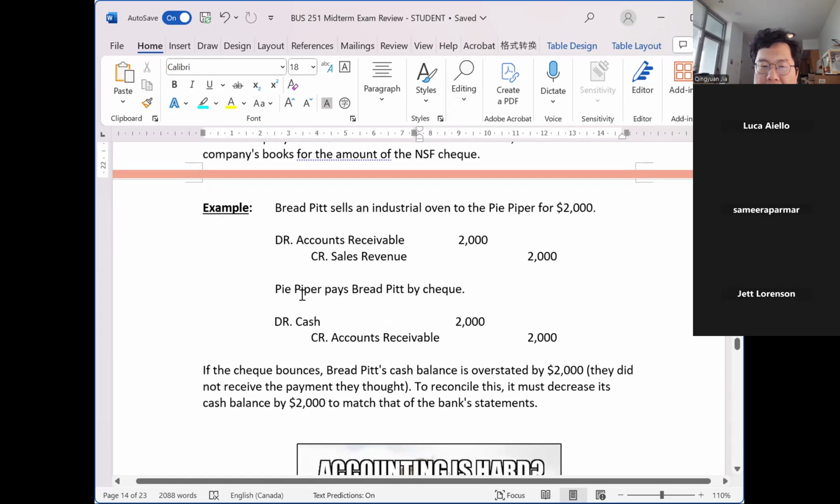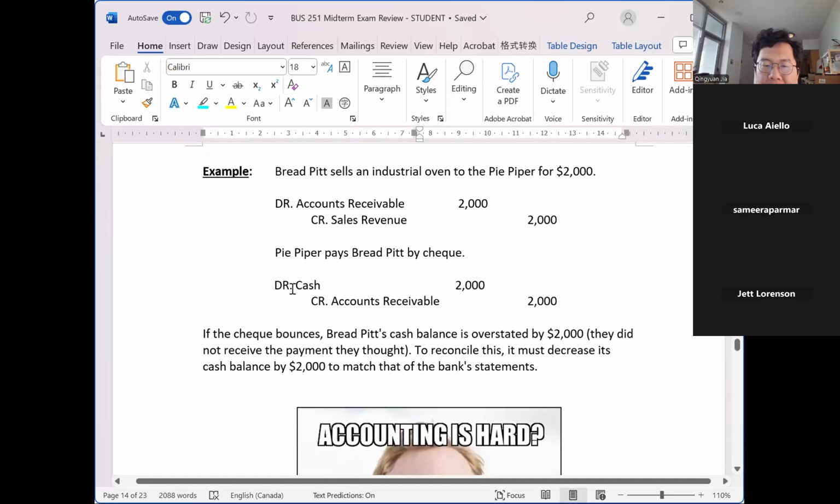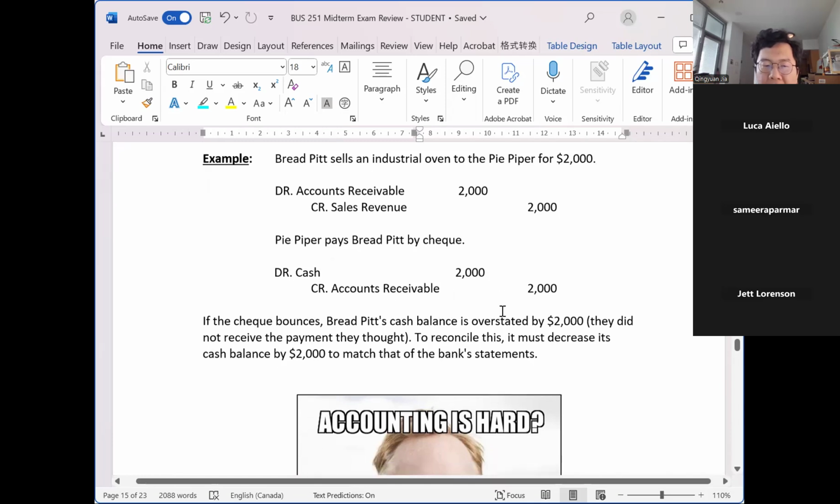And Piper pays Brad Pitt by check. From the point of view of Brad Pitt, it will debit cash because Brad Pitt thinks this check is valid and Brad Pitt got the cash. So debit cash 2000 and credit account receivable to decrease the account receivable.